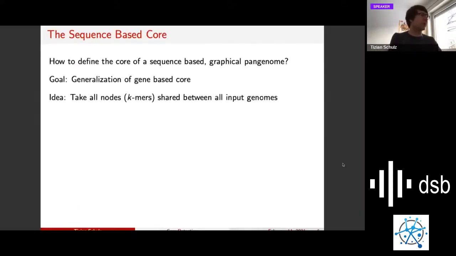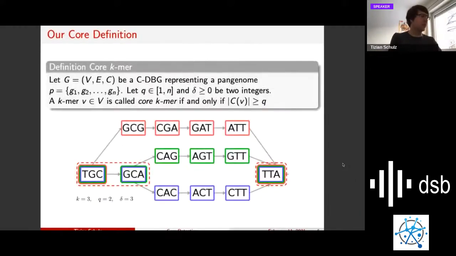Okay, so where was I? Yeah, this is what we had. So our idea of how to define the sequence-based core consists of two different sets of k-mers. The first one is defined here, given a pangenome that is represented as a colored de Bruijn graph, and we have two integers here, q and delta.